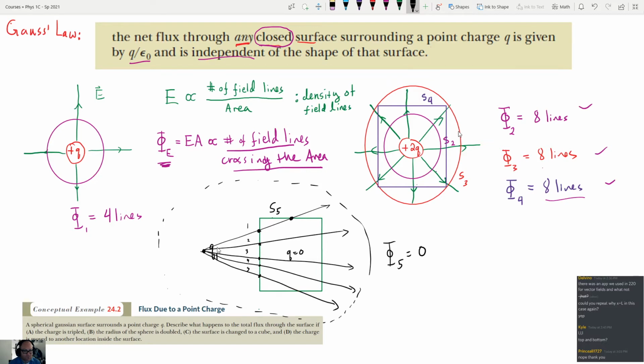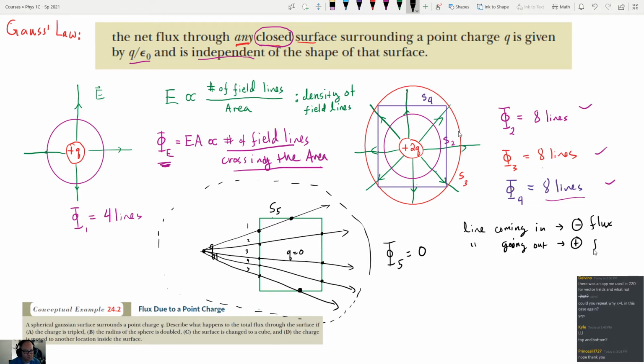Remember that flux going in was negative, right? So you get like -5 in, but then every single one of those also leaves, so it's -5 out. So when you count the total number of lines, I should write down that a line coming in is negative flux, and a line going out gives you positive flux.